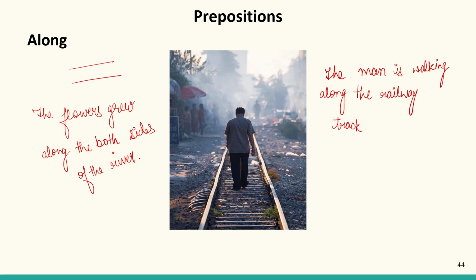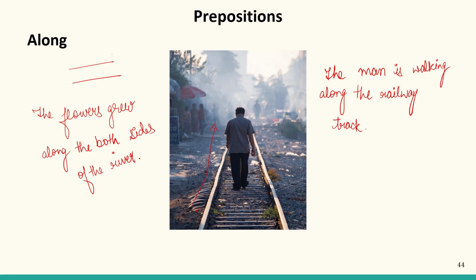Now the man is walking from one end of this track towards the other end of the track. So he is going in the direction of the track. Therefore, we use along. The flowers are growing at both sides of the river, parallel to the river.